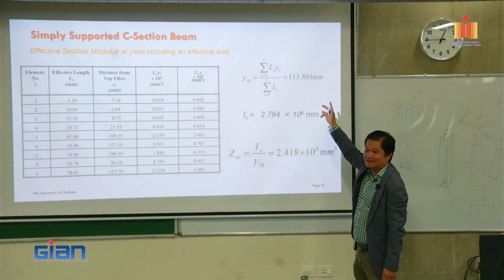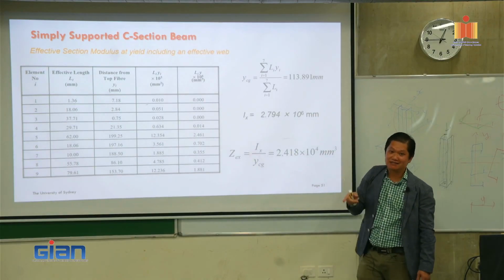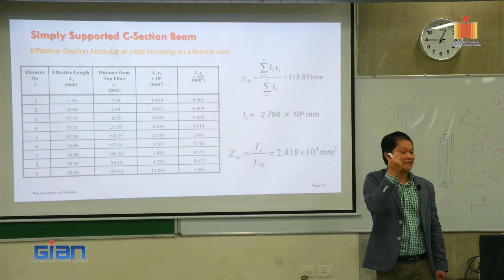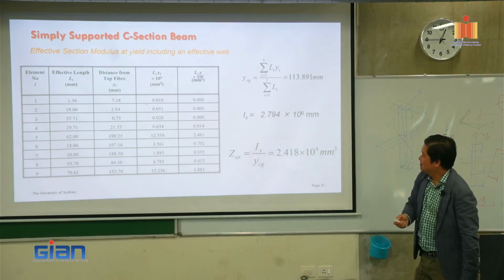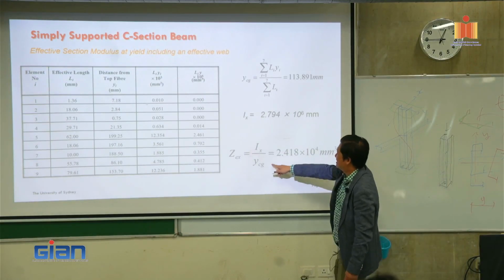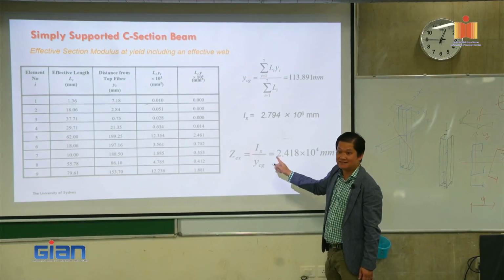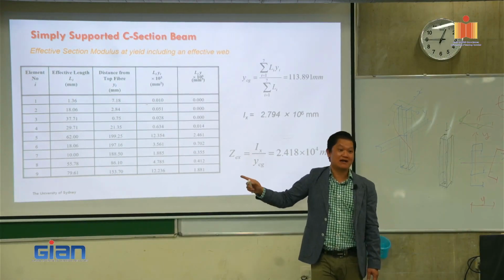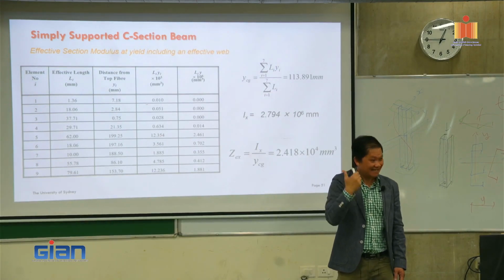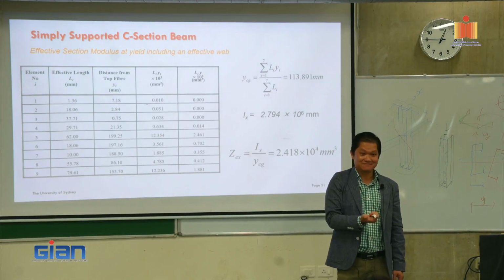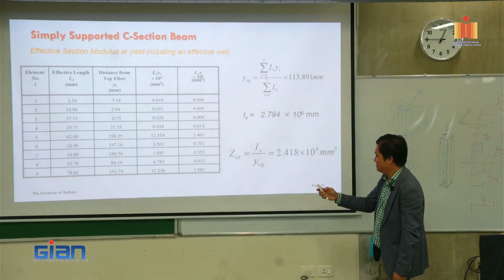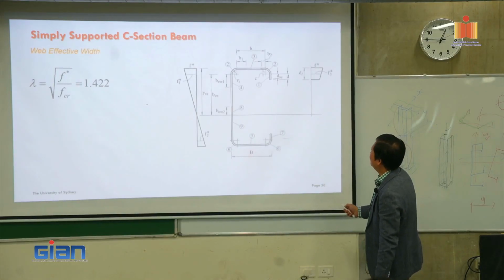And that is exactly where the neutral axis of the effective width area is. From that, you can calculate the ZEX in here, all right? And that ZEX is the one that we need for section capacity, right? Not the one in here.